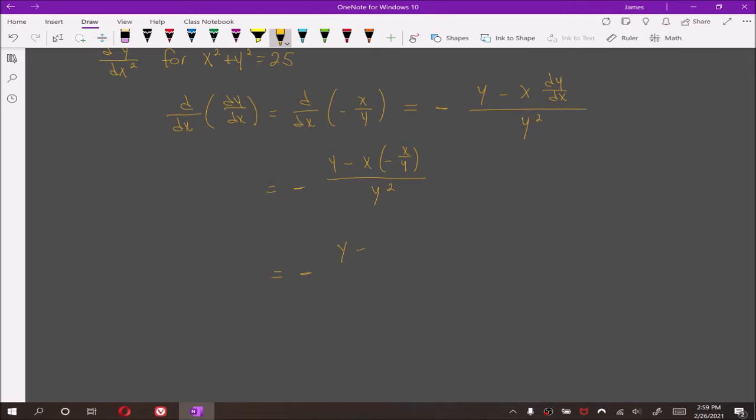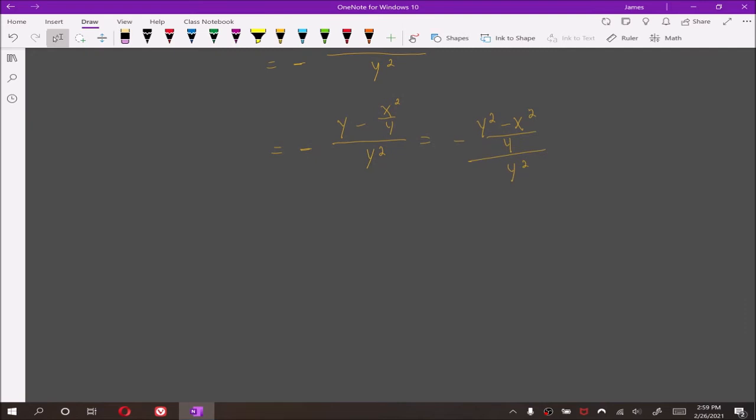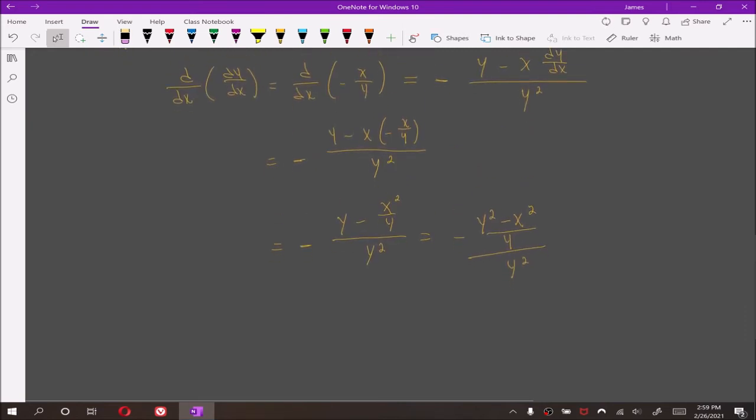So we have negative y minus x squared over y, all over y squared. So negative y squared minus x squared all over y, and that whole thing is over y squared. I'm sorry, this should have been a plus here, which means that's a plus.